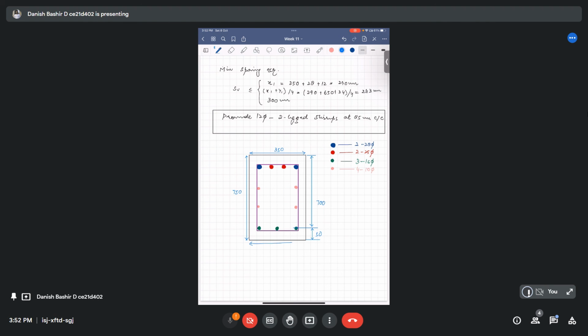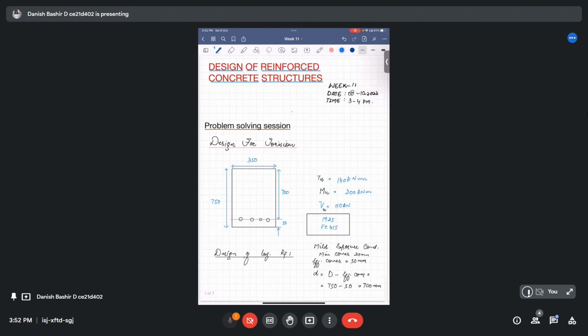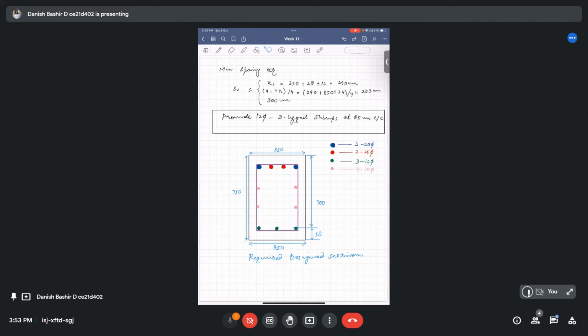This is 350 also. This is the required design section for this loading. Okay.